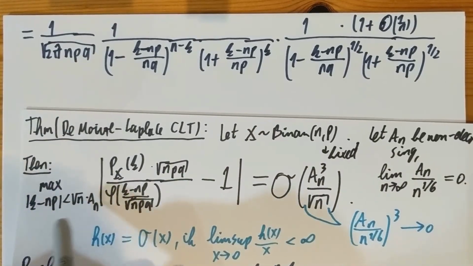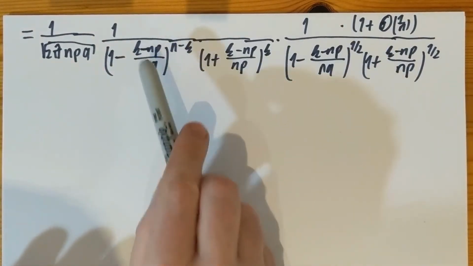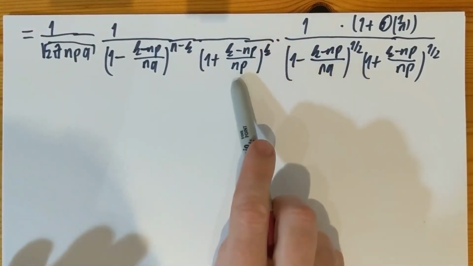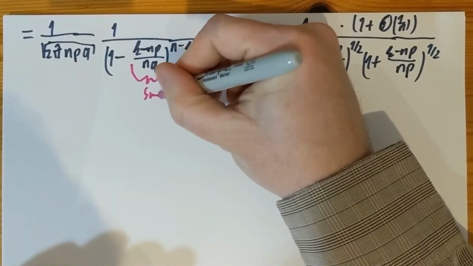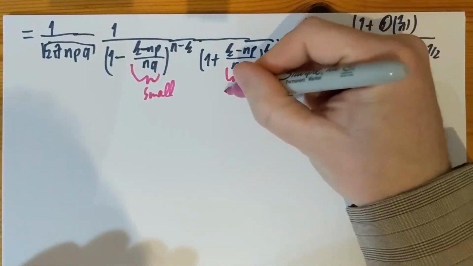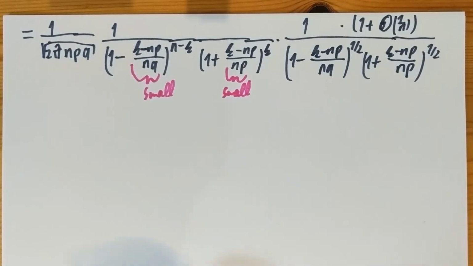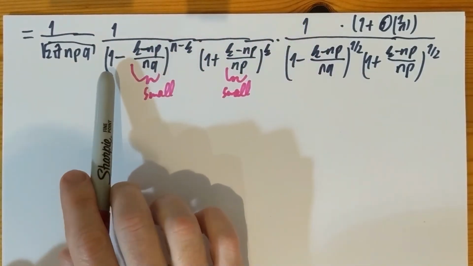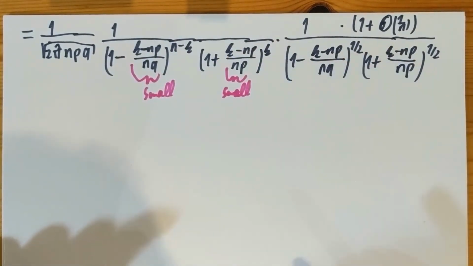So k minus np is much smaller than n. And therefore, if I divide k minus np by nq, or k minus np by np, these things will be small. These guys are small as n goes to infinity, at least in the range of the k I'm looking at. So it's always good to have something like 1 minus small times 1 plus small, 1 minus small, 1 plus small. This is always a useful form, and that's exactly what we're going to make use of.